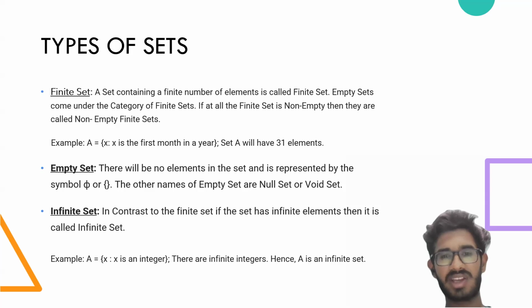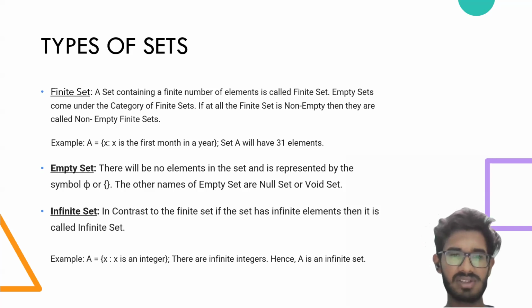In contrast to the finite set, which has values that are countable, an infinite set has elements which we cannot count. For example, the group of integers is an infinite set.